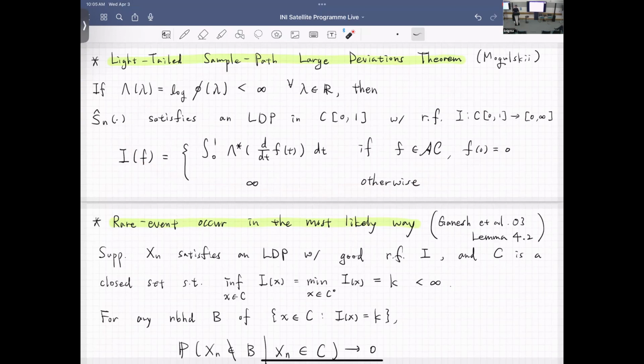If you only had the LDP for the endpoint, you could tell that it happens because at the end of the time horizon you exactly hit zero, but you don't know what happens in the middle. You know all of this because you have sample path large deviations. In the light tail literature, there is a beautiful theory where you first establish a finite dimensional LDP and then lift it to the infinite dimensional sample space.